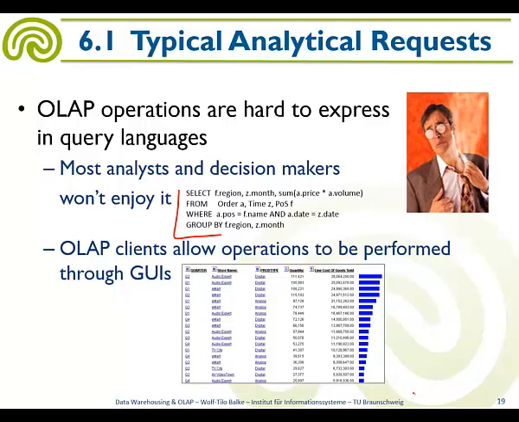So what is usually done in data warehouses for the business analysis, or to make the job of the business analysis a little bit easier, is not only to allow the business analysis to pose SQL queries and to go into all these pivoting and slicing, dicing, and so on at a console level, right, where you just have to write the code, but to do it through specialized graphical user interfaces, right?